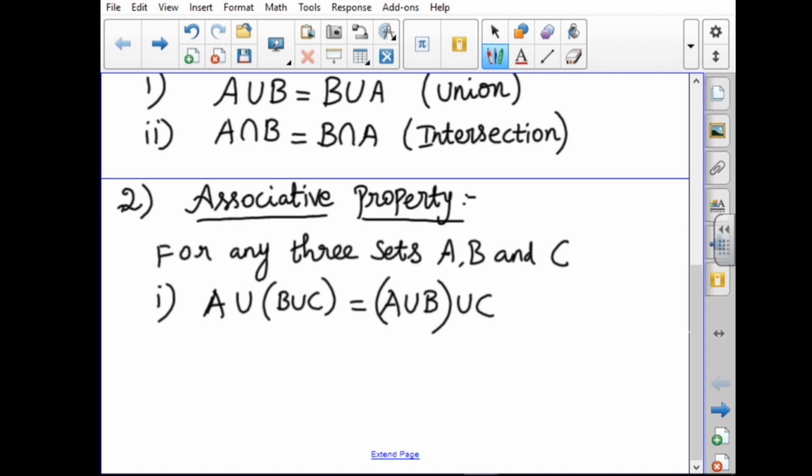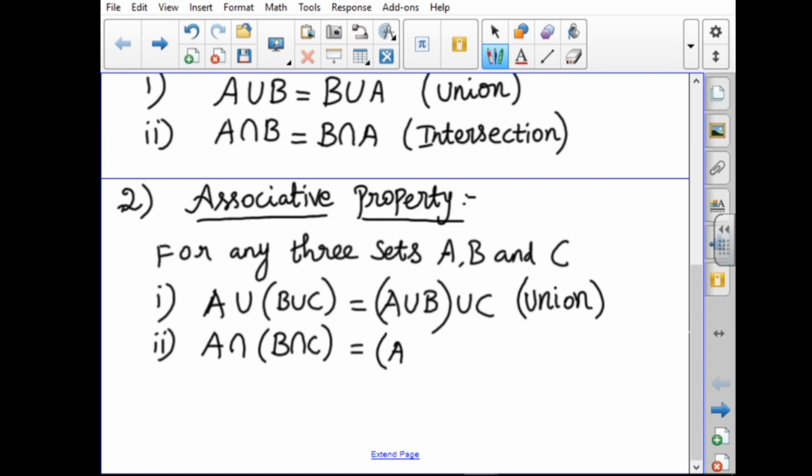This is the associative property of union of sets. Then the second one, intersection, that is (A intersection B) intersection C is equal to A intersection (B intersection C).